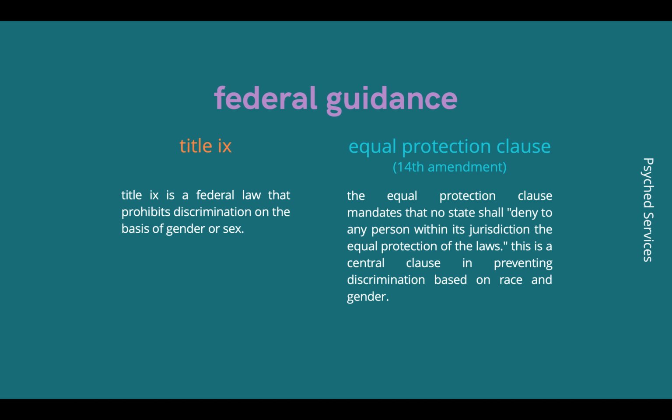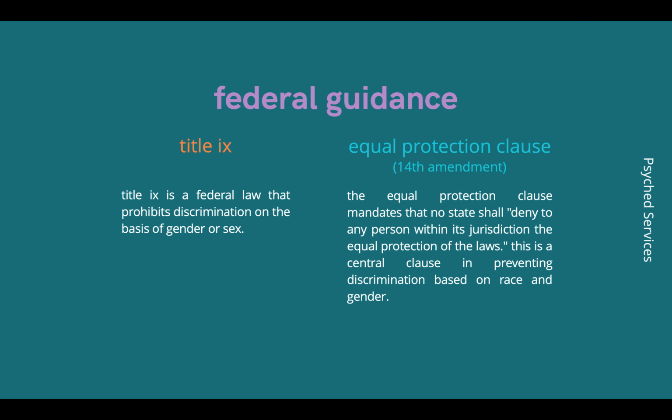First, we have Title IX. Title IX is a federal law. It prohibits discrimination on the basis of gender or sex, as well as other things. Title IX is often cited in lawsuits related to gender, and is a foundational federal law for equity cases.